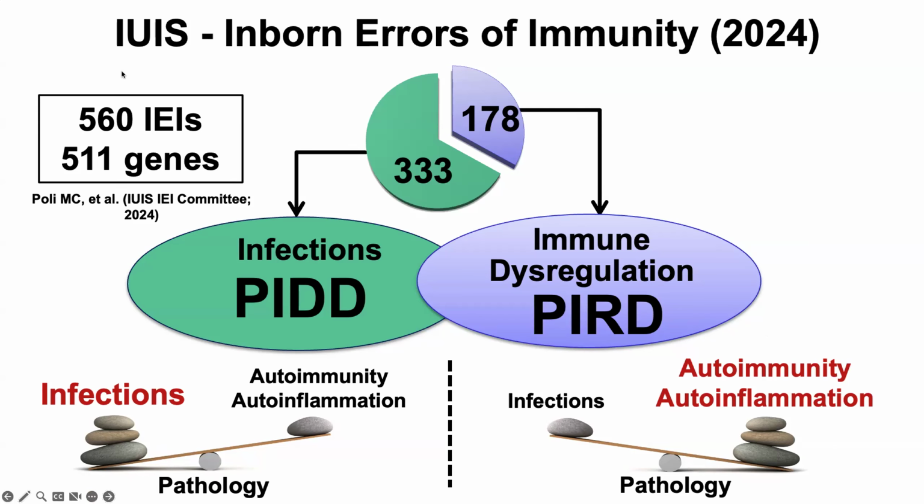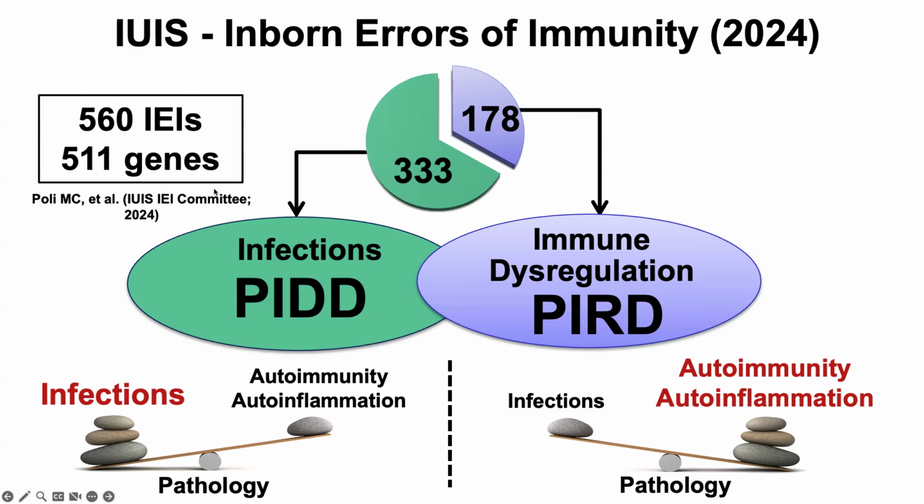And if you take all of the 511 genes, 560 defined clinical entities, some of the disorders are caused by defects in the same gene, but in one case it's a loss of function of that gene, and in other cases it's a gain of function, and they cause two very different clinical syndromes. That's why there are 560 syndromes but only 511 genes.